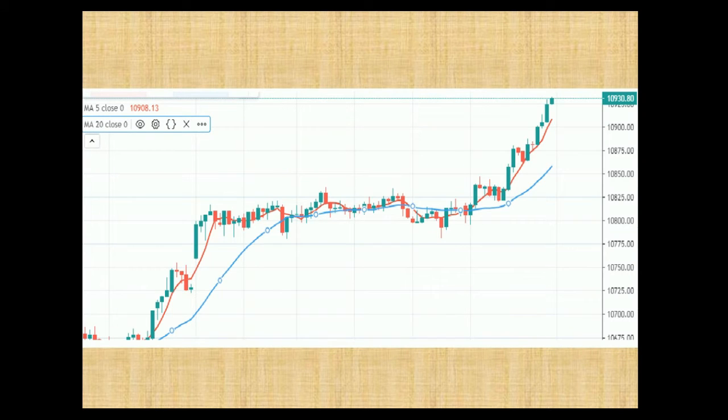So here I have applied one for a 5 time period, and the other one for a 20 time period. And this is basically a 5-minute chart. Moving average of 5 and moving average of 20, you can see here.